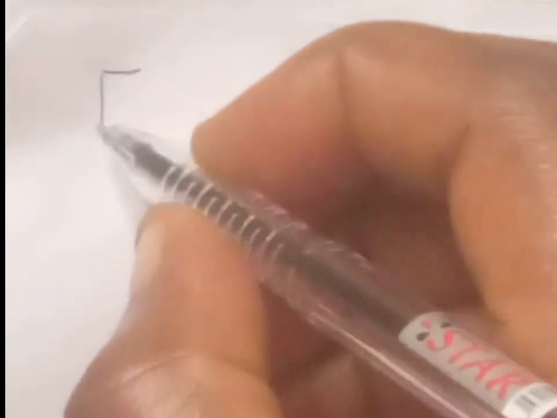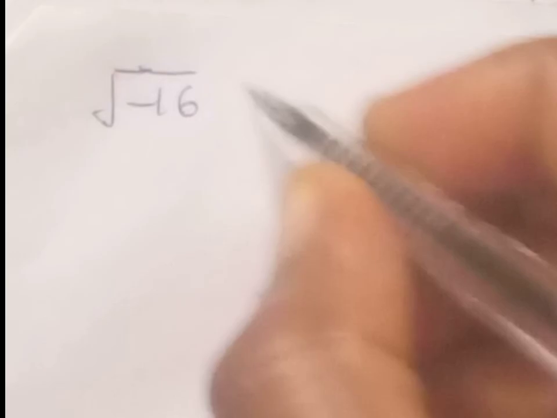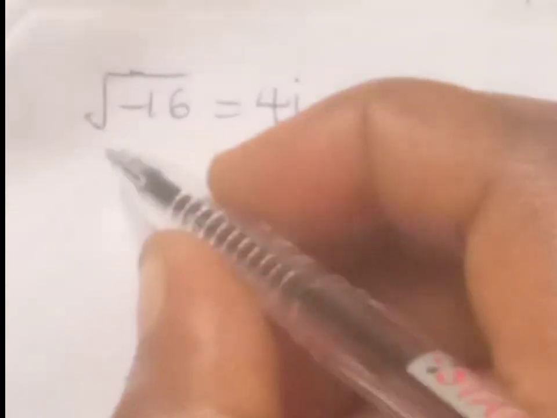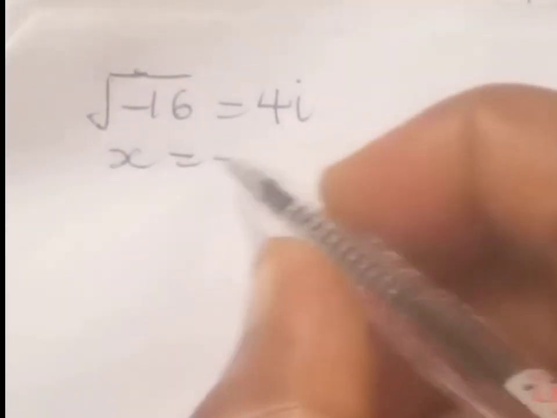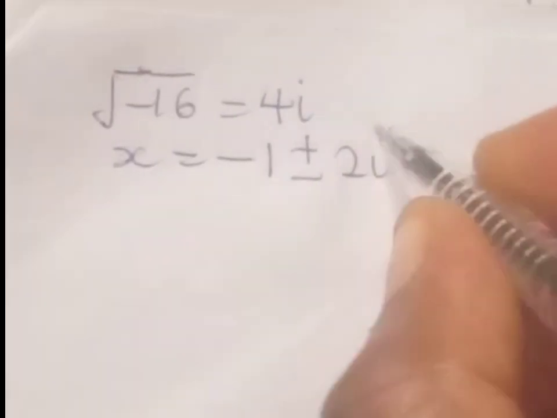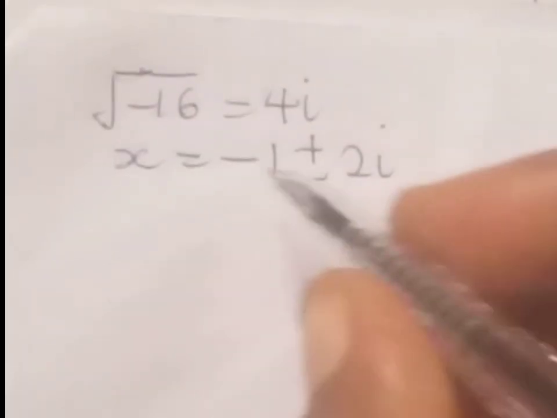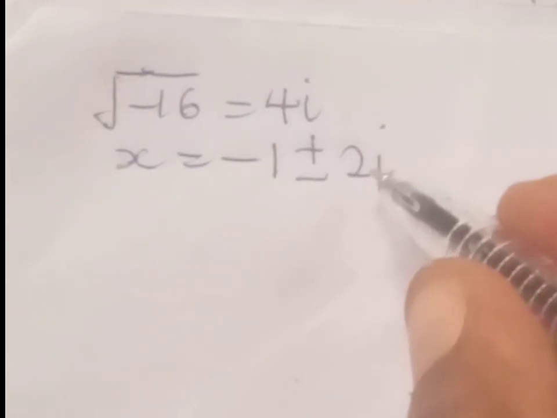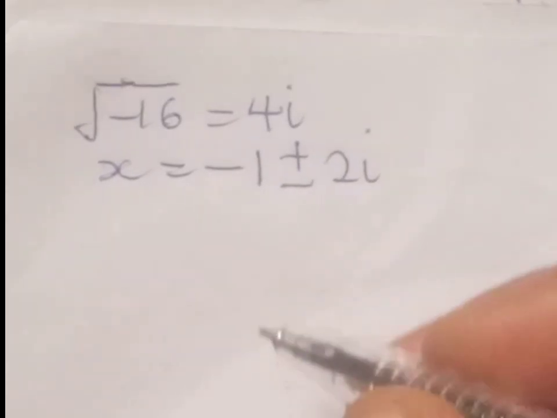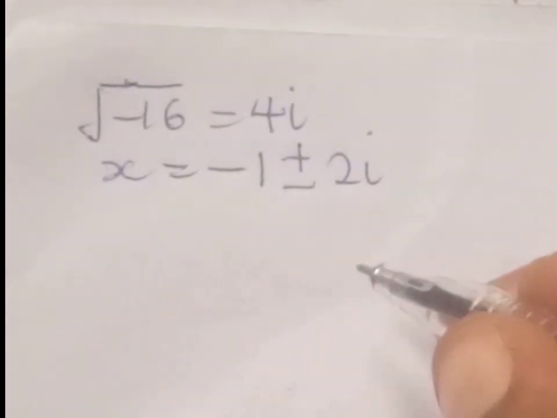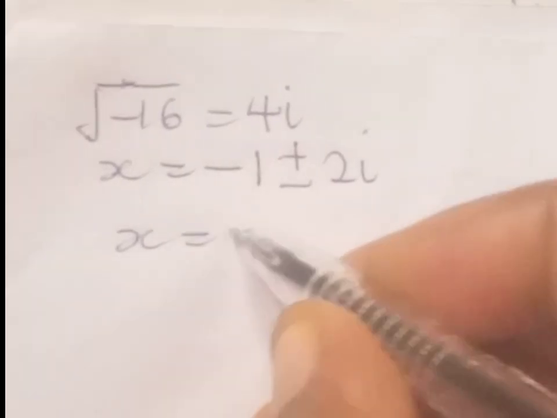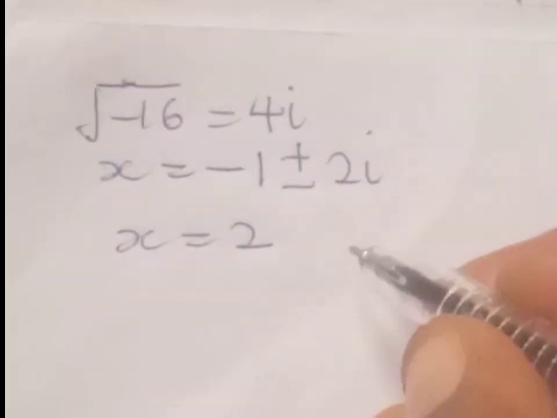Since square root of minus 16 equals 4i, that is x equals minus 1 plus or minus 2i, in which these are complex solutions. Now let's identify the real solution. If the question asks for real value, the only real value here is x equals 2, which is the answer.